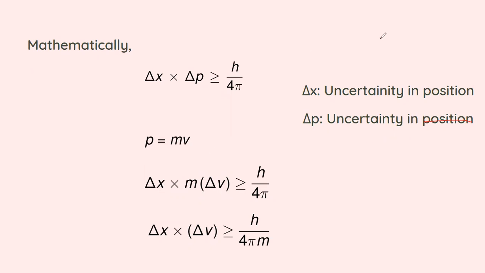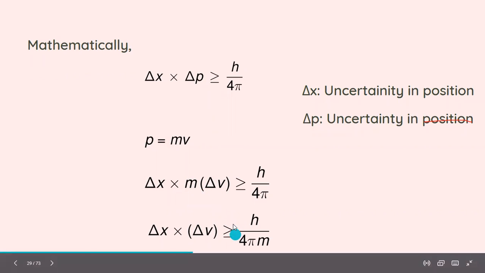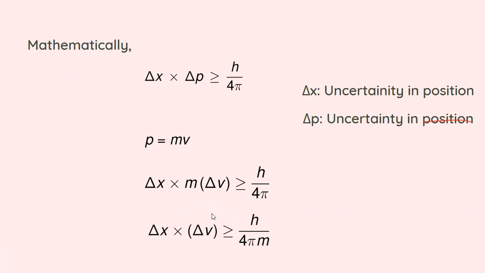Here we are substituting the value of momentum as m delta v. The mass cannot change, no matter where the object is, as we learned, but velocity can. So delta x into delta v is greater than or equal to h by 4 pi m, where delta v is the uncertainty in velocity.